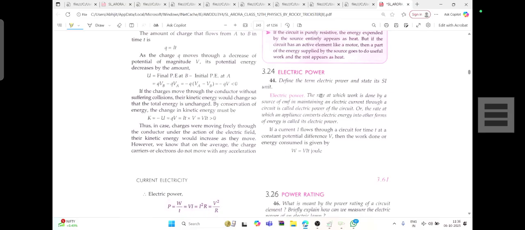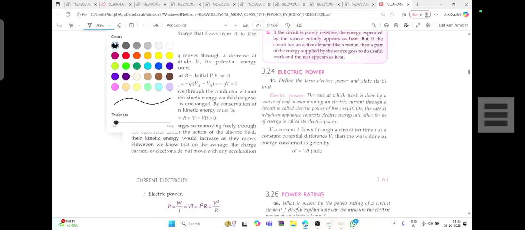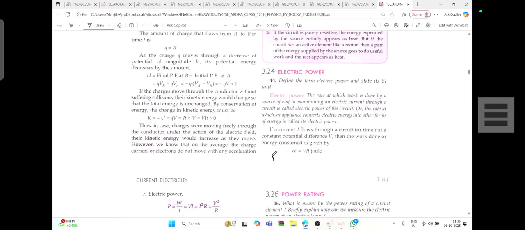That means power means P is equals to W by T. That means work done per unit time. That means rate of work done, W by T.